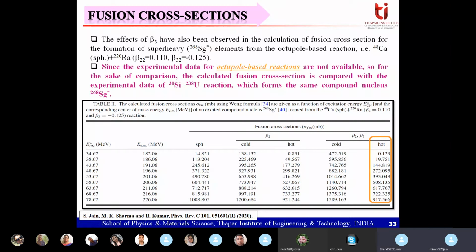Someone is asking why the Wong formula is valid.